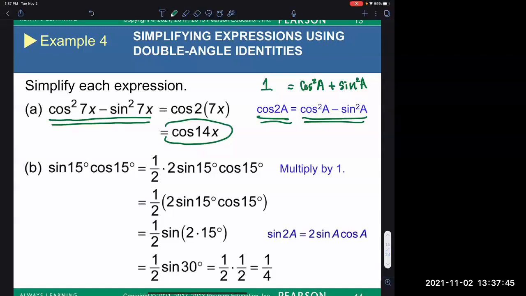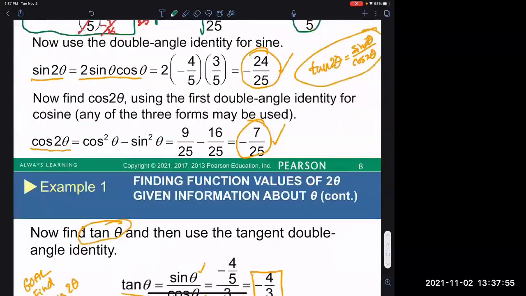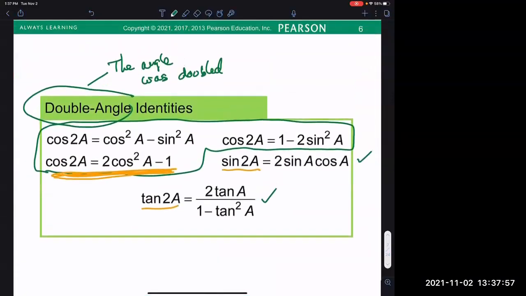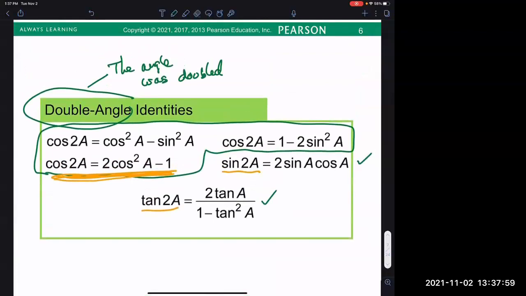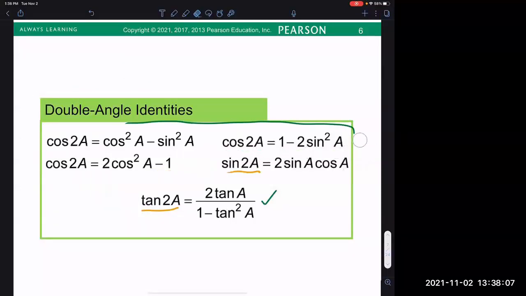So I think the real thing when we're using these double angle identities for simplifying is, if I go back up to all of our double angle identities here, just for a second. Sorry if I'm making you nauseous with all the scrolling. Let's take note of the fact that in all the double angle identities, whatever they gave us on the right side of the identity is a lot more complicated than the double angle on the left.